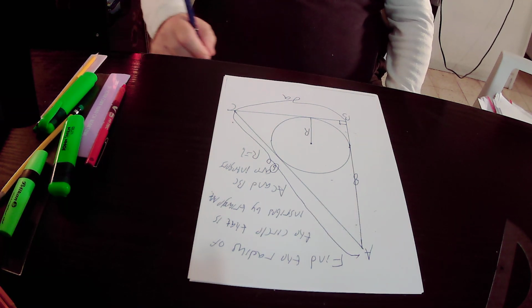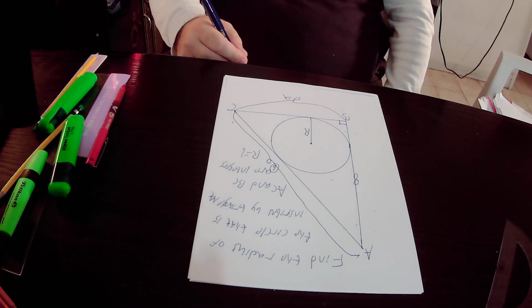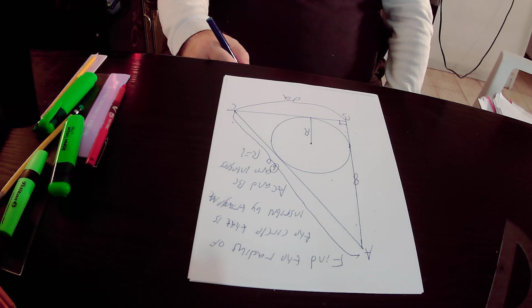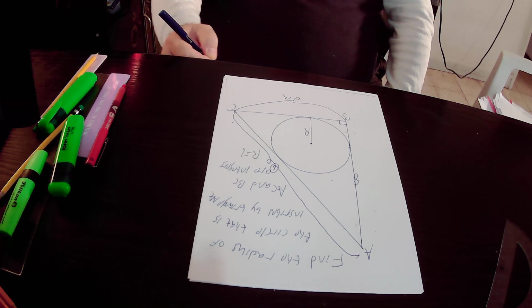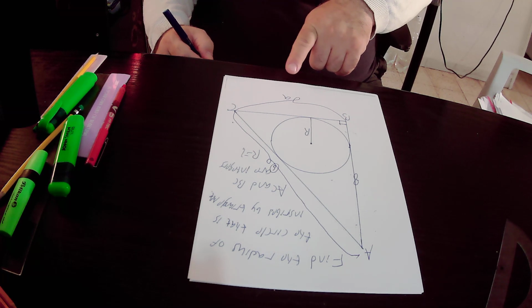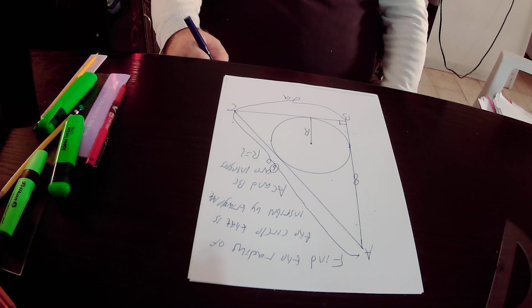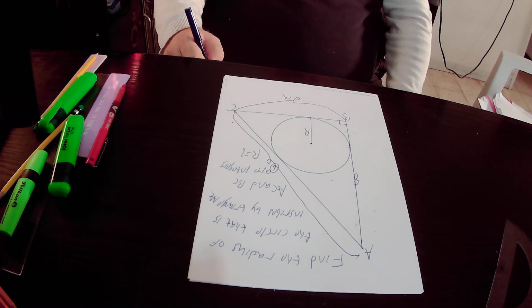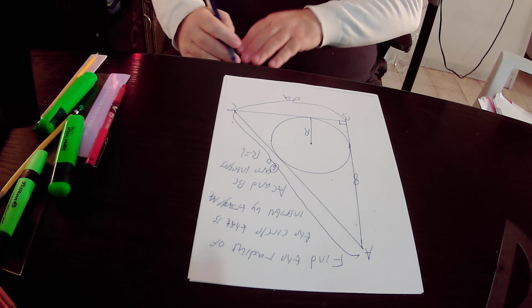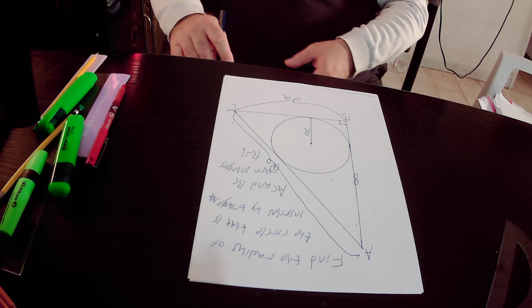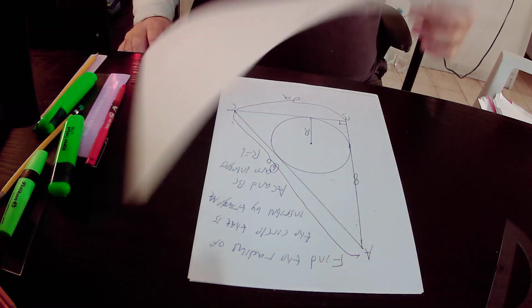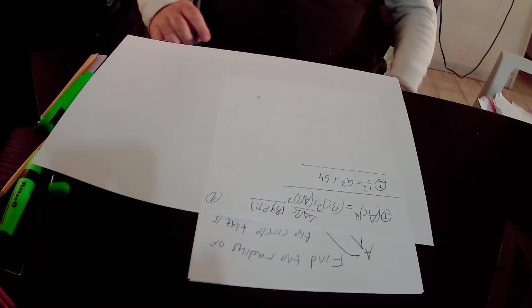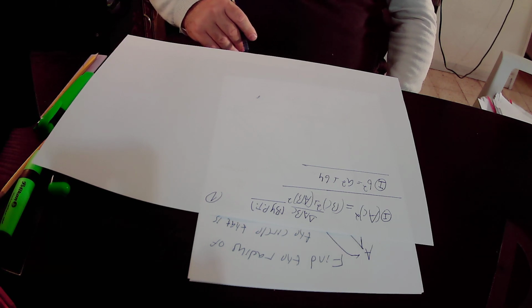If AC equals B, then AC squared is B squared. That is equal to BC squared, and BC is A, so BC squared is A squared, plus AB squared, that is 8 squared, which is 64. In conclusion, according to equation number 1, B squared equals A squared plus 64.